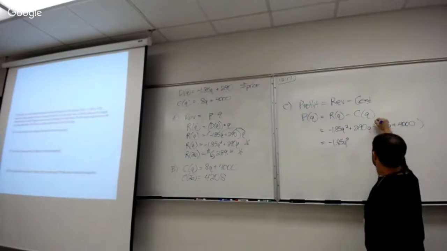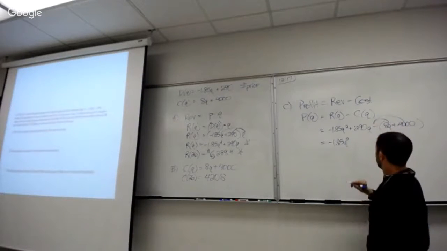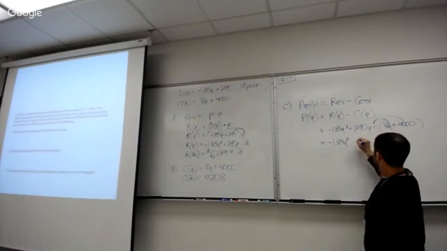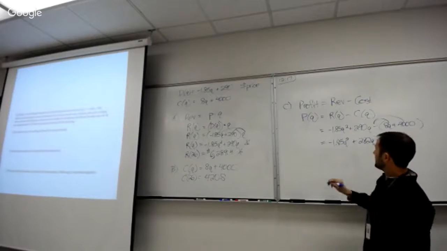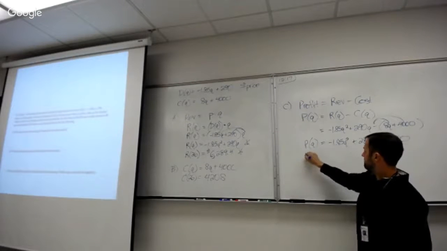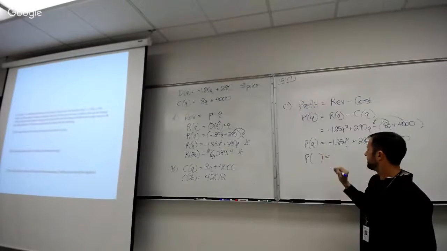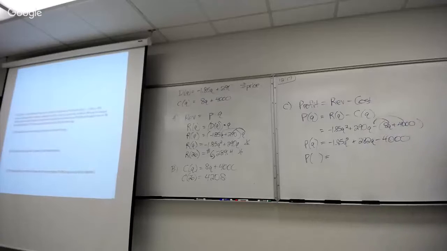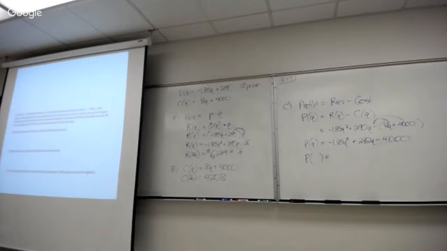So minus 8Q minus 4,000. So 290Q minus 8Q is 282Q, and then minus 4,000. Is that the correct profit function? Did anyone else get that? I think that's right. So that's the formula for a profit.